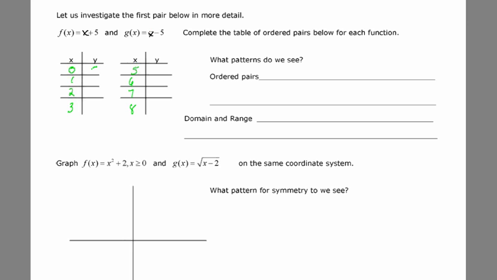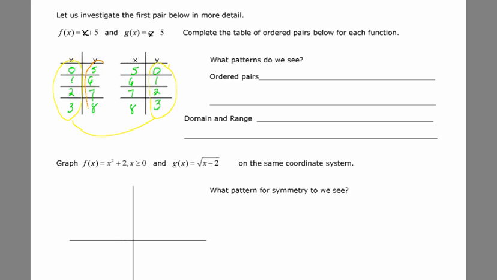Here's what we'll notice. Notice that the x values over here are the same as the y values over here.